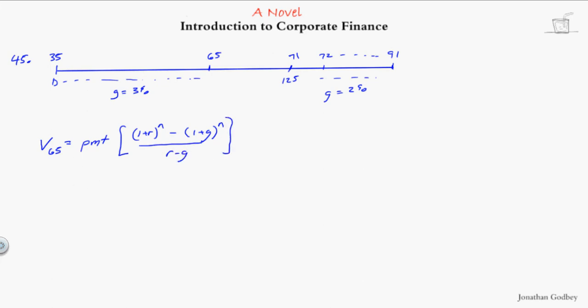I'm trying to solve for payment. I know R, my discount rate in this case, R is equal to 7%. And I know the G in this case, this is a 3%.